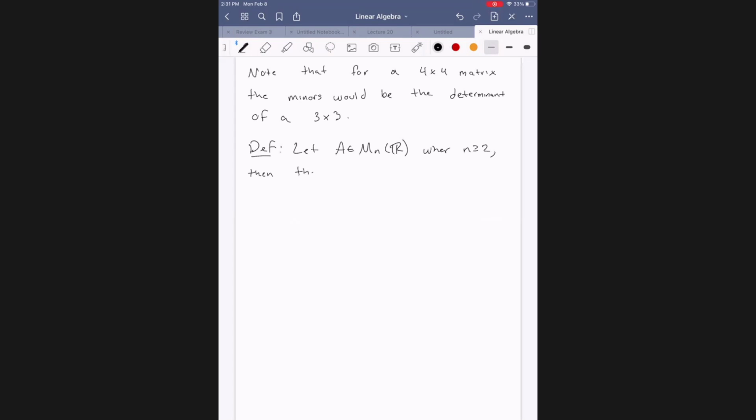Then the determinant is the sum of the entries of the first row, okay, I guess it should be more like the sum of the entries of the first row of A multiplied by the respective cofactors.